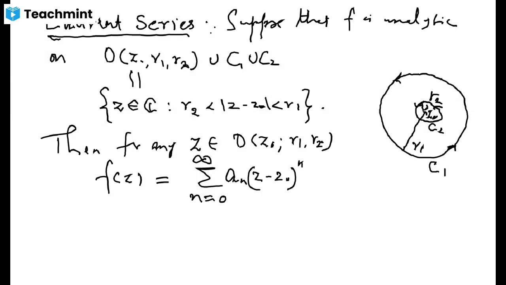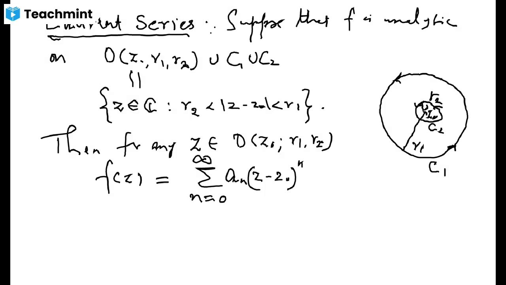This is what we did in Taylor's series, but there the function was analytic inside the disk. You don't have the disk here. You do not have the guarantee that this function is analytic inside the circle C2 as well. You just know that it is analytic outside circle C2 and inside circle C1, in whatever region lies between C2 and C1.